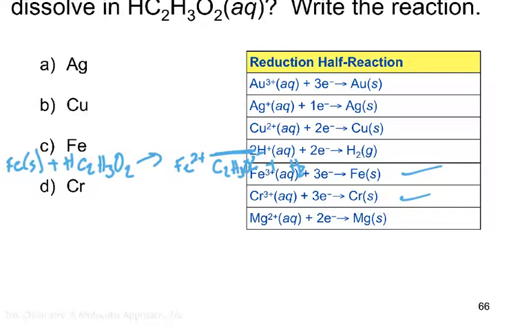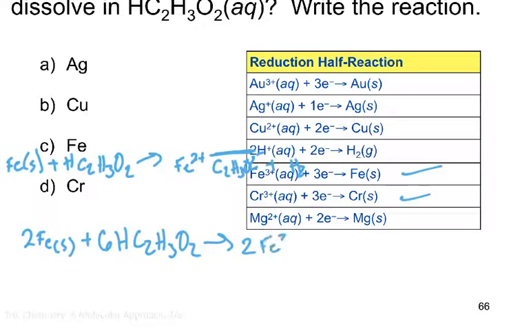So what it ends up as is 2 iron plus 6 HC2H3O2 goes to 2 iron plus 6 C2H3O2 minus plus 3 hydrogens.